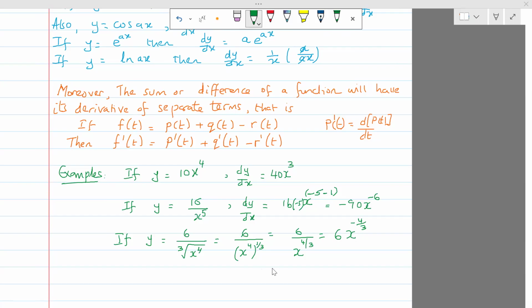Now I can differentiate this. dy by dx becomes, I take whatever I have here, I bring it in the front, 6 times minus 4/3 times x power minus 4/3 minus 1.